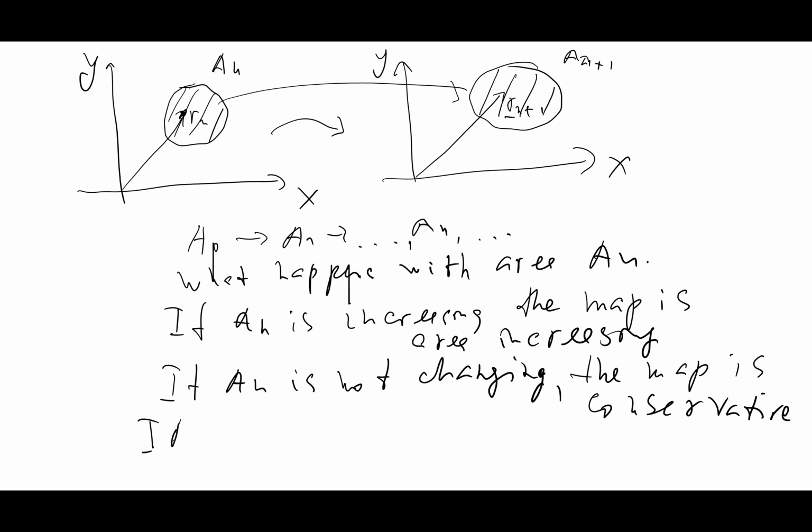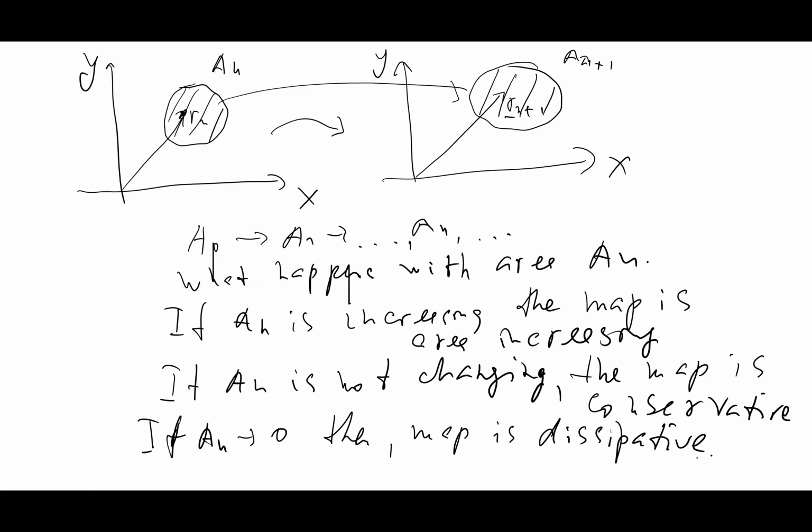And if An decreases and tends to 0, then the map is called dissipative, or area decreasing. This is the general classification of maps. If the map is area increasing, then we can't observe chaos because our solutions become unbounded, and we remember even from one-dimensional maps that unbounded orbits are not chaotic.